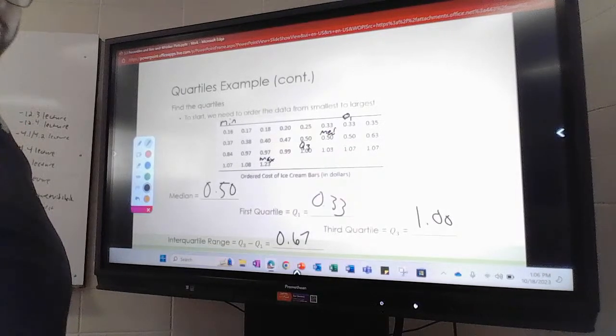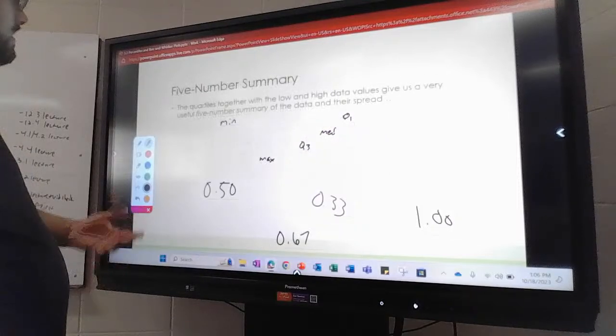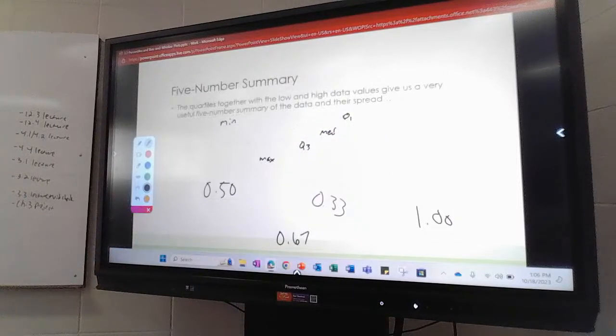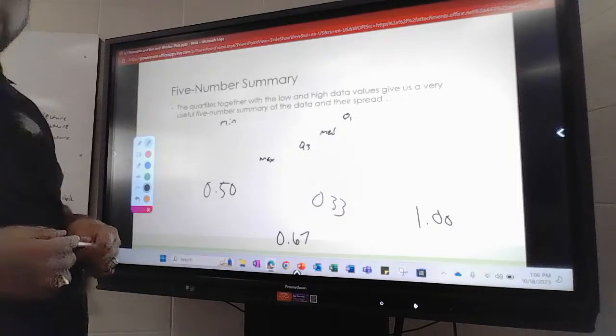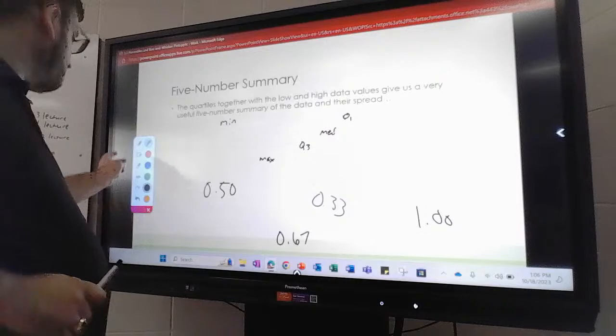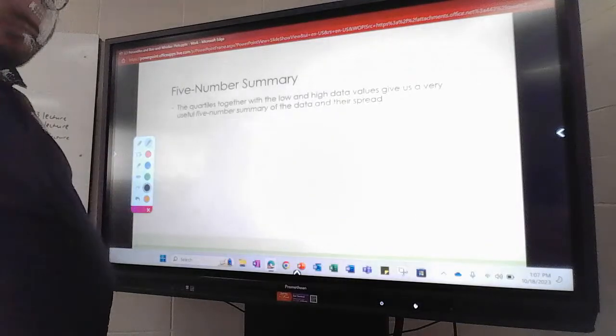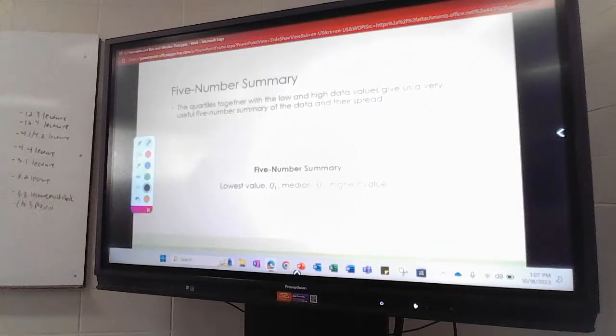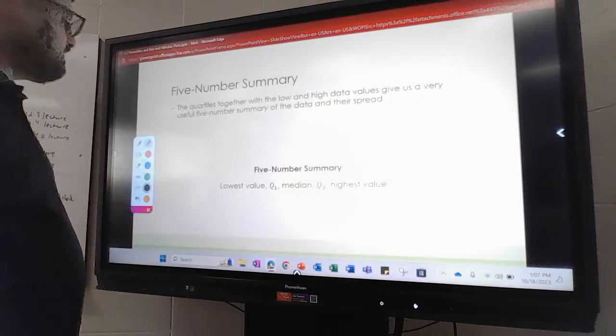Now, the quartiles together with your low and high data values give us what's called a 5-number summary. The 5-number summary is given as your lowest value, your first quartile, your median, your third quartile, and your highest value.